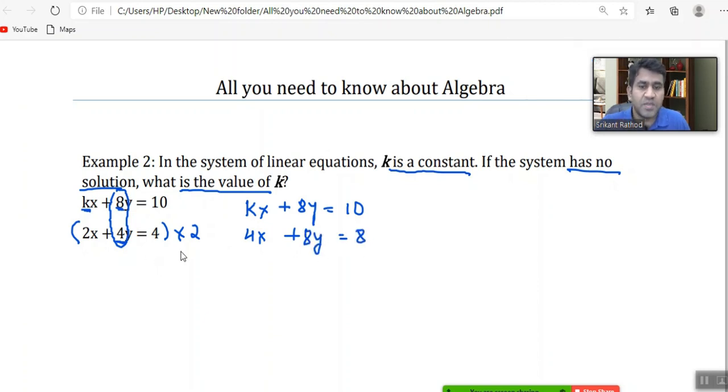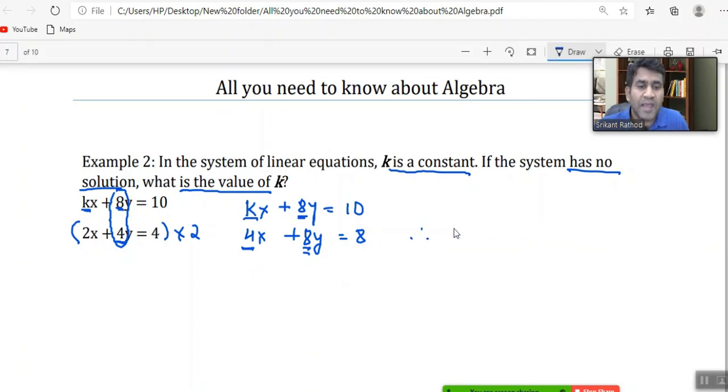That's it. Now we made it into the actual condition that the system of equations has no solution. Why? To have no solution, the coefficients of y here are the same, then the coefficient of x must also be the same, so the value of k and this number should be the same. Therefore I can say the value of k here is 4.